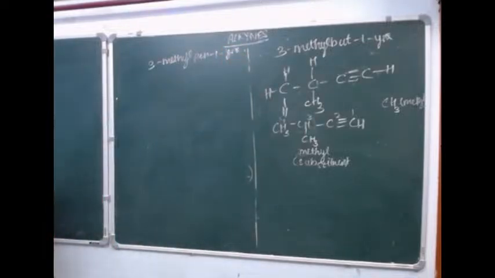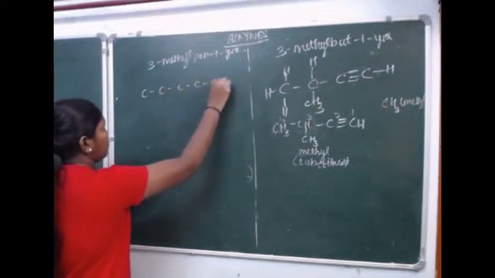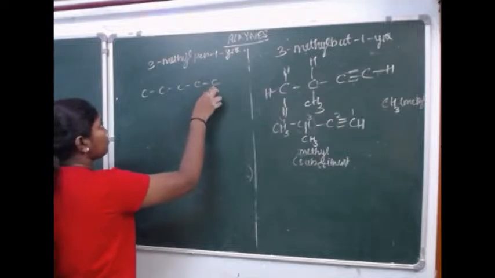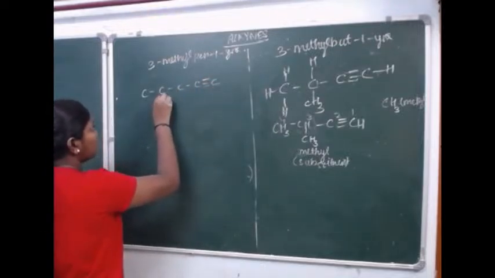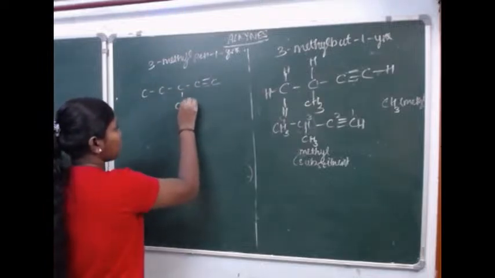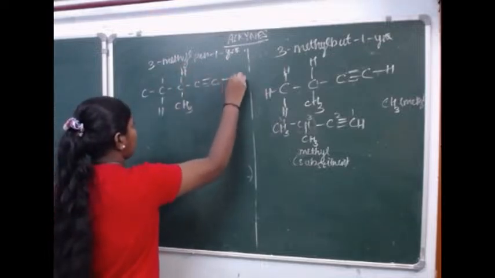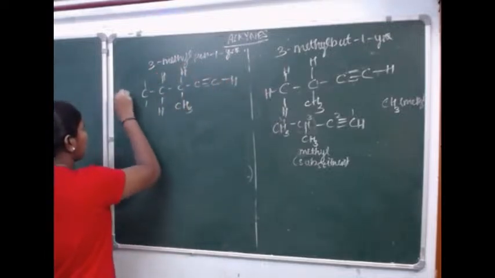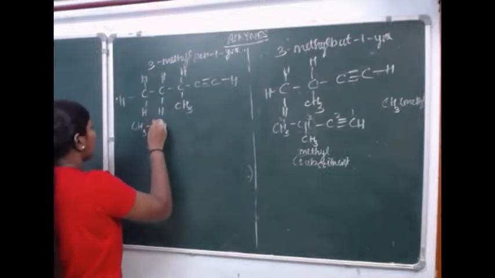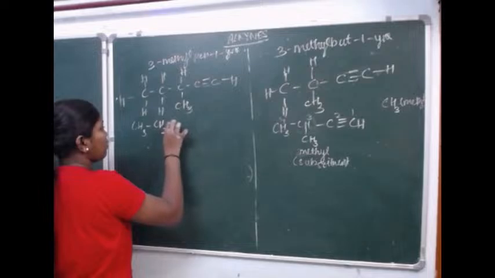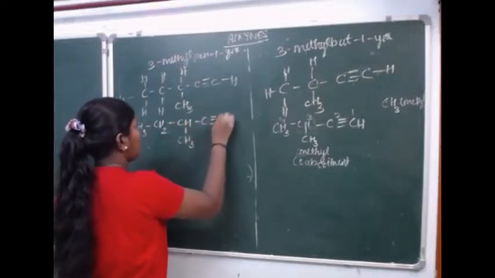Proceed. So pent-1-yne. First you write down the five carbon atom hydrocarbon, 1-yne, triple bond. And then 3: CH3, CH2, CH, CH3, C triple bond CH.